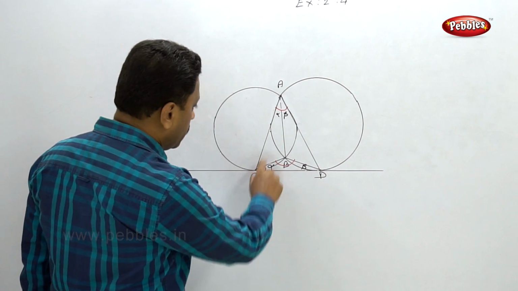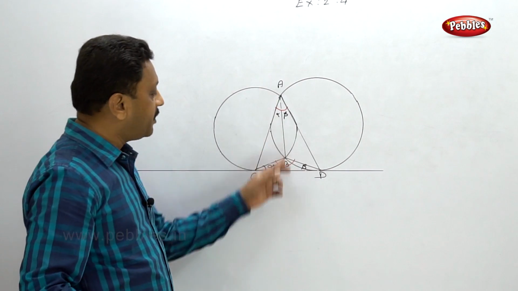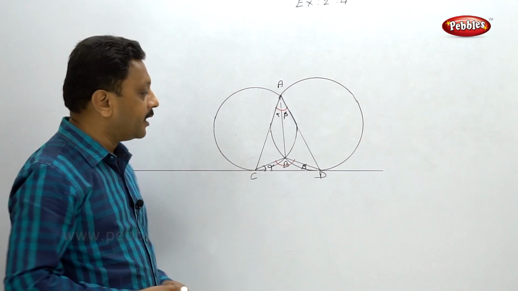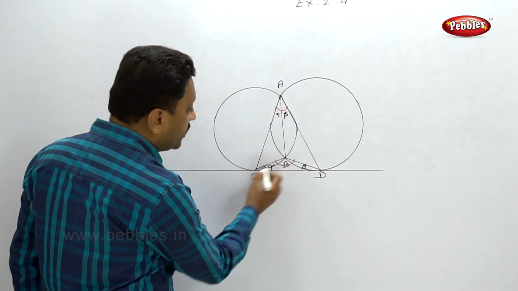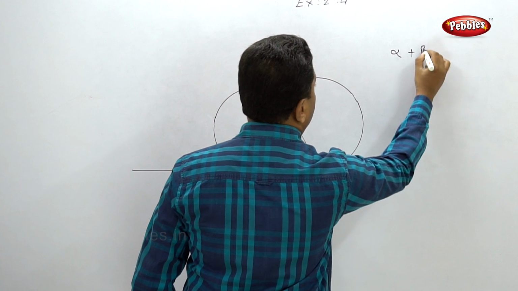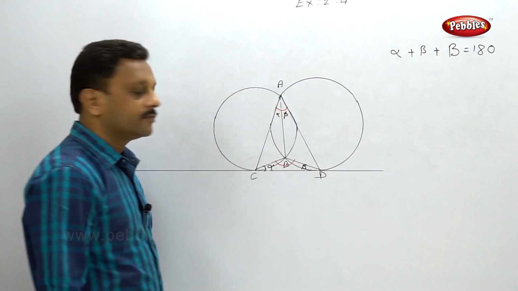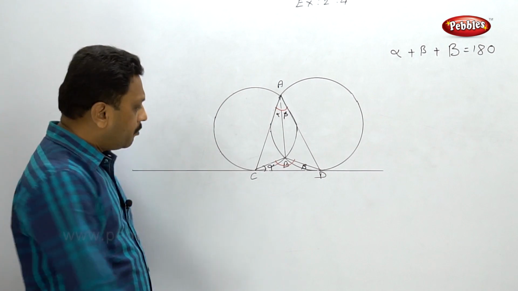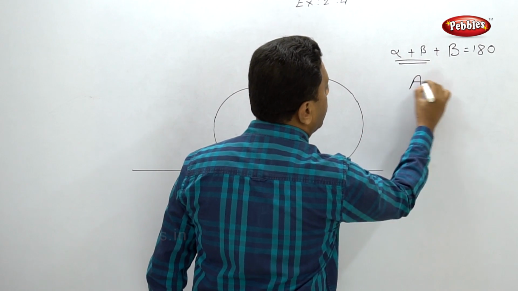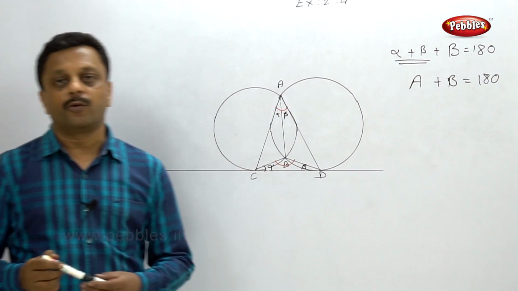Now can you see this alpha and beta is nothing but angle A. We have to prove that angle A plus angle B. Here I just call it as a common angle A and angle B. So in this small triangle, can you see that alpha plus beta plus angle B is equal to 180, right? But alpha plus beta is equal to angle A. So angle A plus angle B is equal to 180, and it is proved.